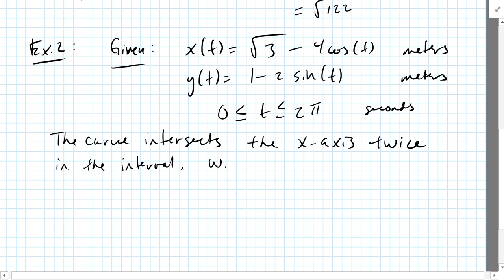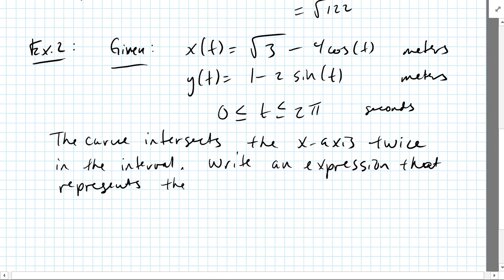Write an expression that represents the distance traveled by the particle between the two intercepts.